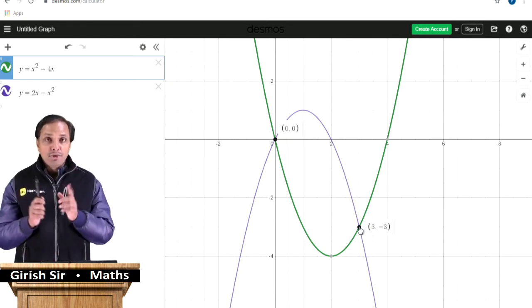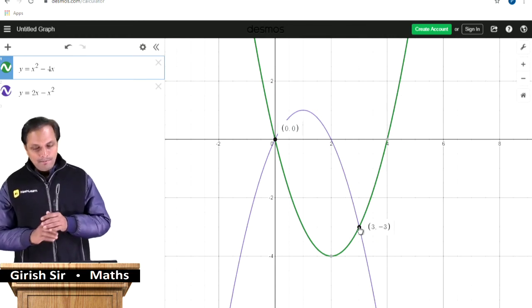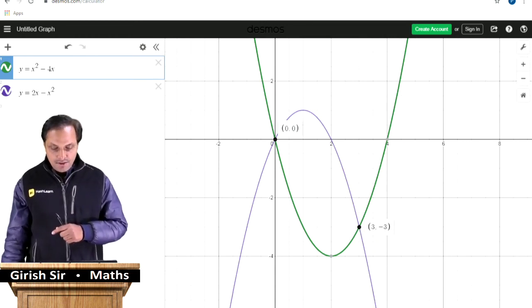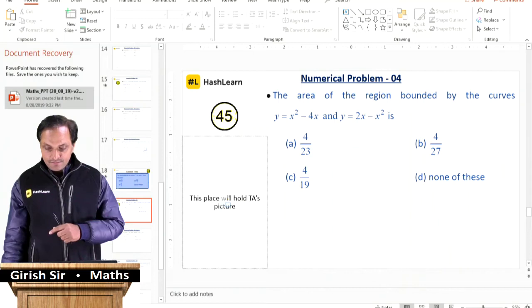Okay. So attention, please make a note of this graph. We are going to take the limit from 0 to plus 3.